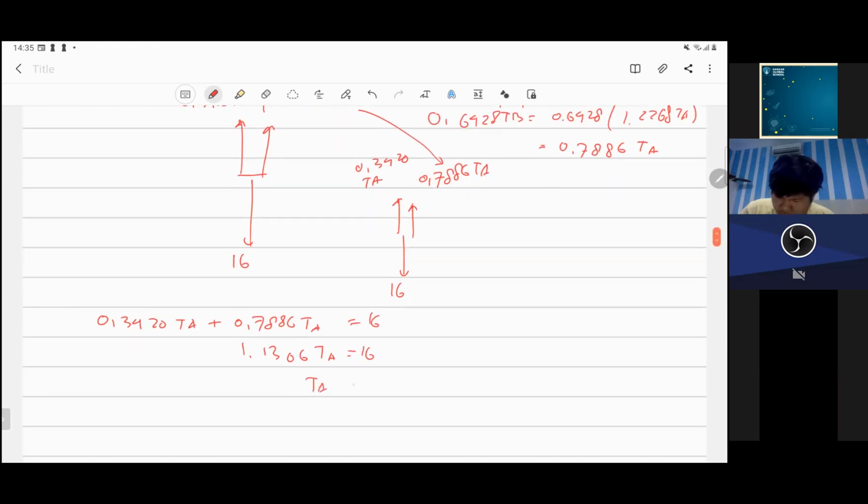So TA is 16 over 1.1306. So it's going to be 14.1. Okay, let's pause this. Up until this, any question?